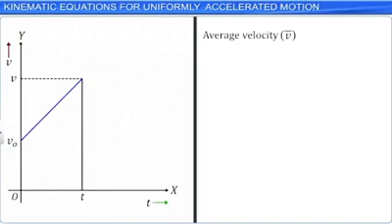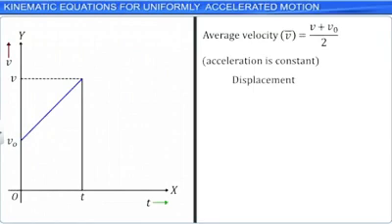That is, the product of v dash and t. From equation 1, v is the sum of v0 and at. By rearranging the equation, we get time t equal to the ratio of the difference of v and v0 and a.